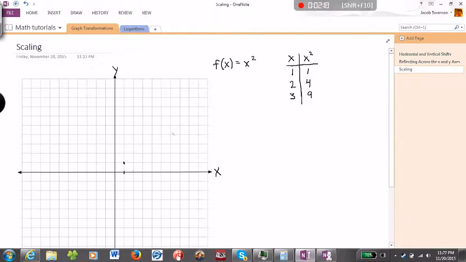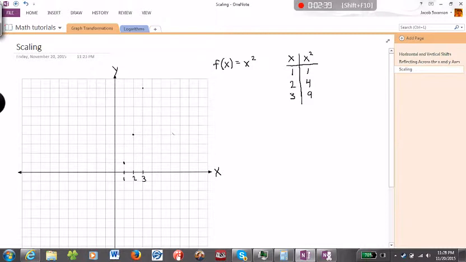When x is 2, so there's 1, there's 2, x squared will be 4, which is located right about there. When x is 3, then x squared will be 9, which is going to be right up here. And that's all the room we have on this one, so that's where we're going to stop.